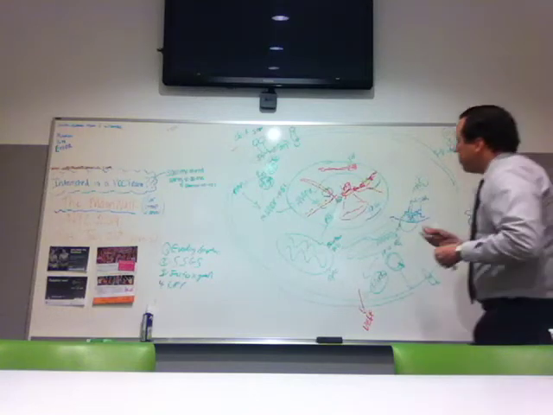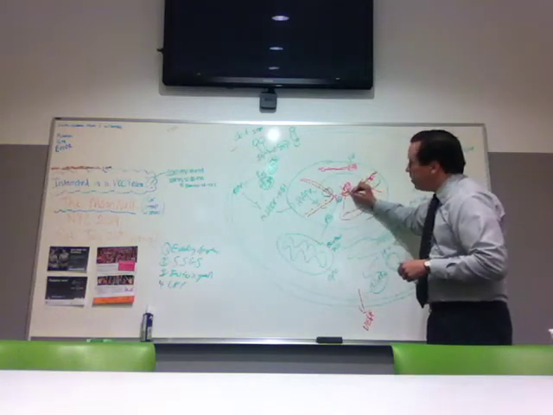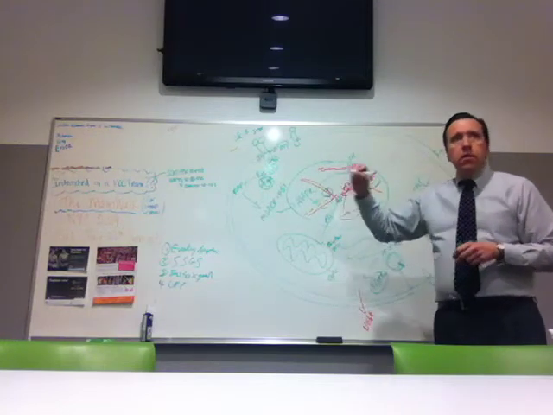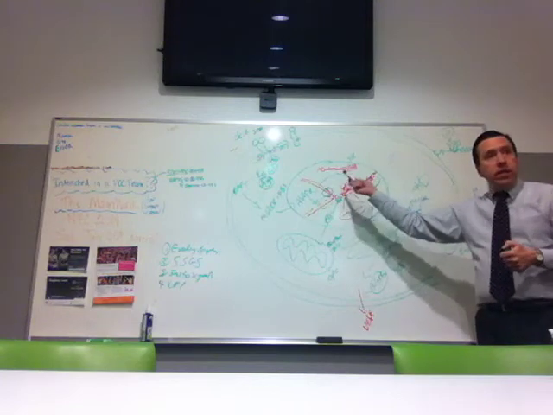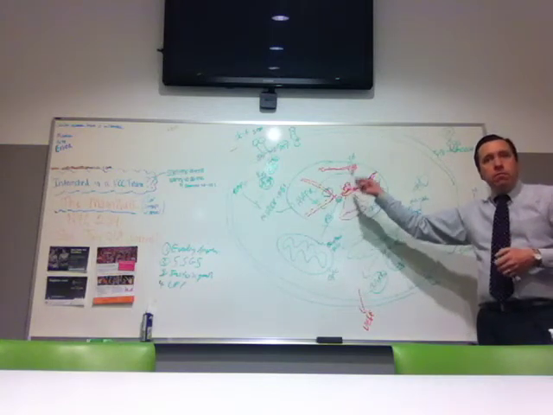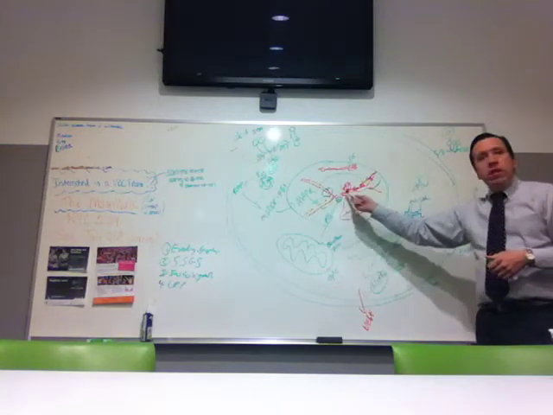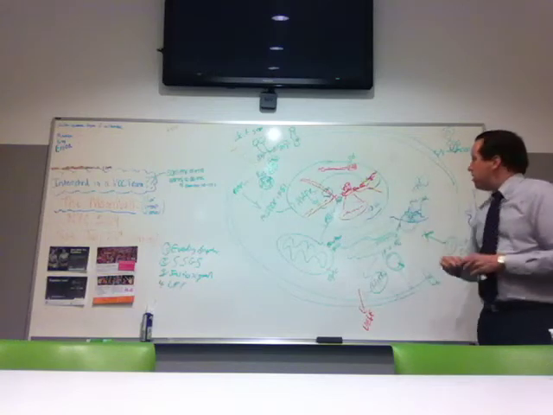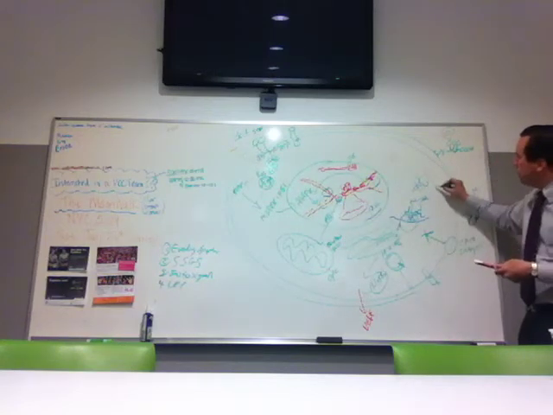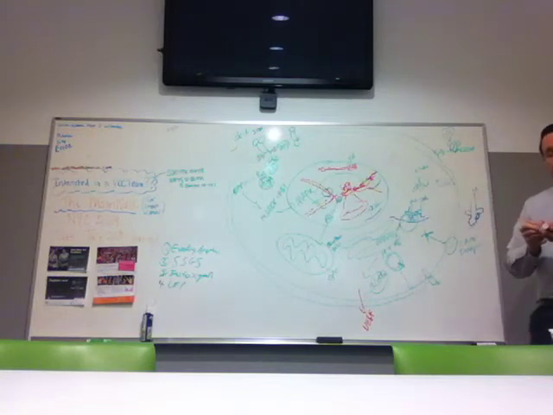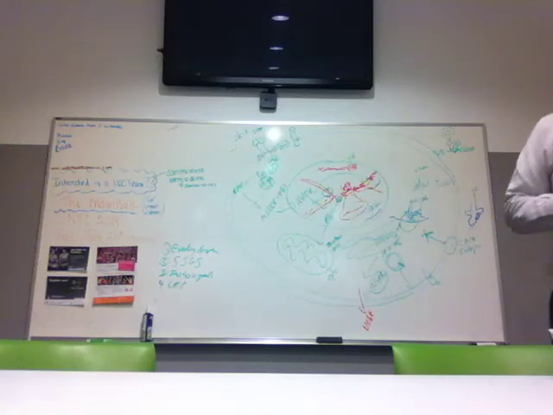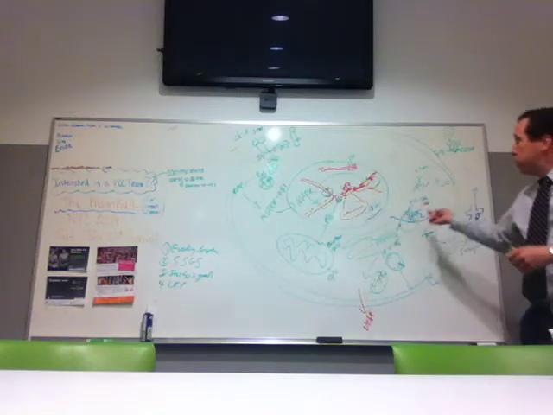If you have one little screw up in this P53 gene, one base pair is wrong, then you might activate it, you might turn it up, but if you're a cancer cell, you might deactivate it. One little base is off, and this protein folding might go from alpha helix to beta pleated sheet, and then your protein is a completely different shape. It could be garbage, or could be doing something completely different.